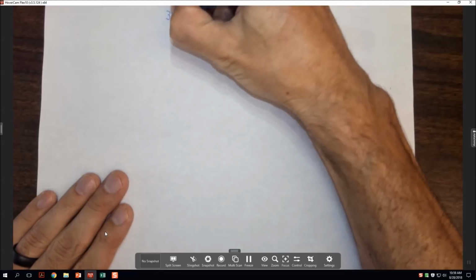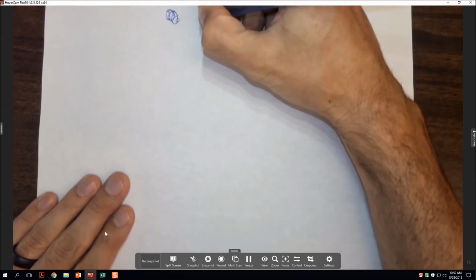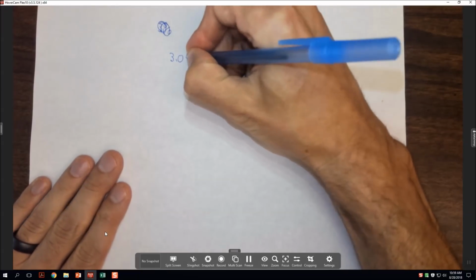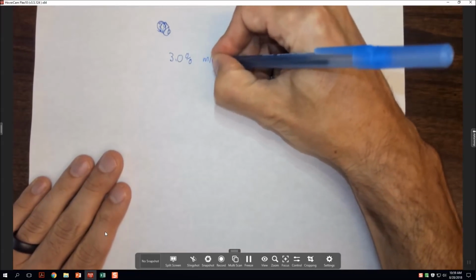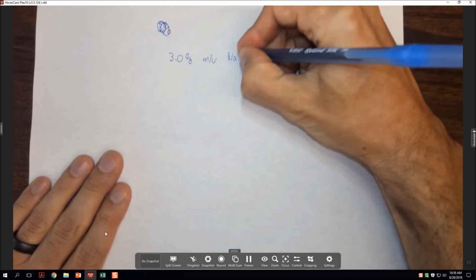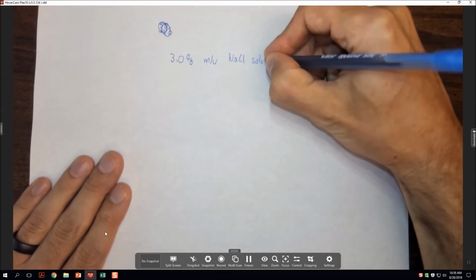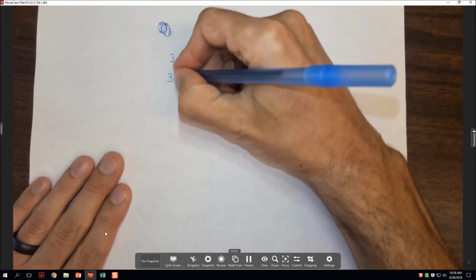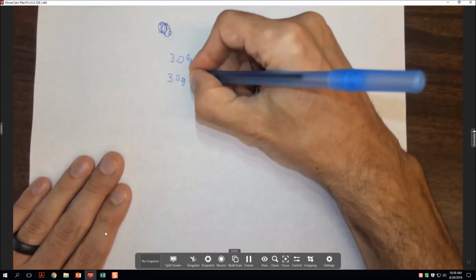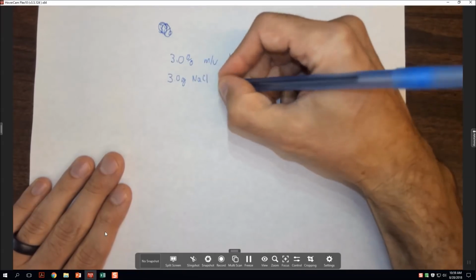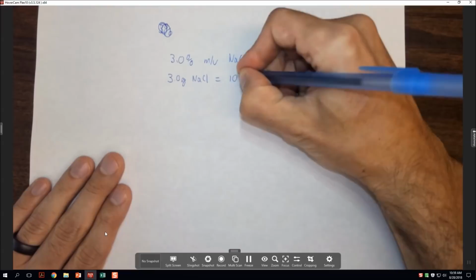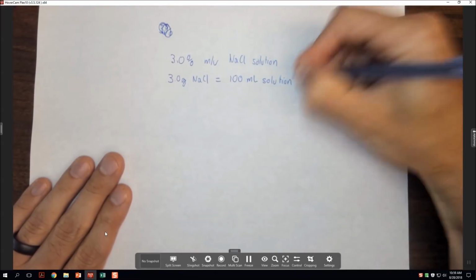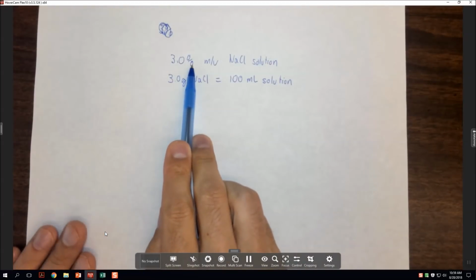So this is a 3.0% m over v, mass over volume, NaCl solution. And what this means is that 3 grams of NaCl equals 100 milliliters of solution. Percent means part out of 100.